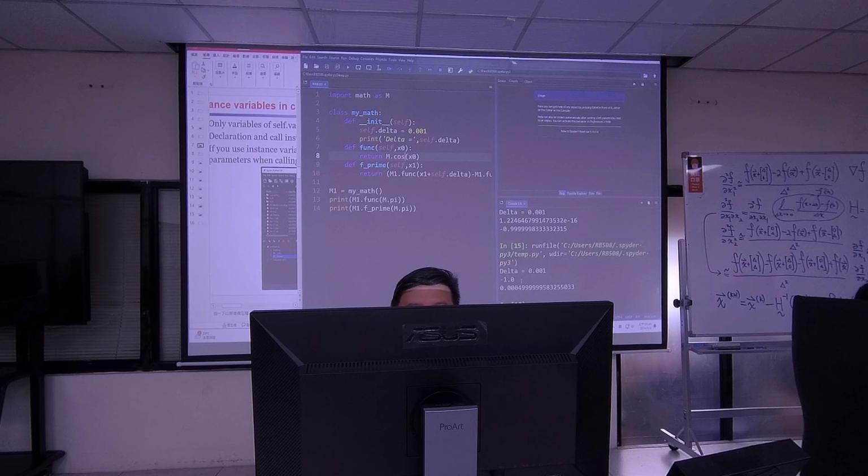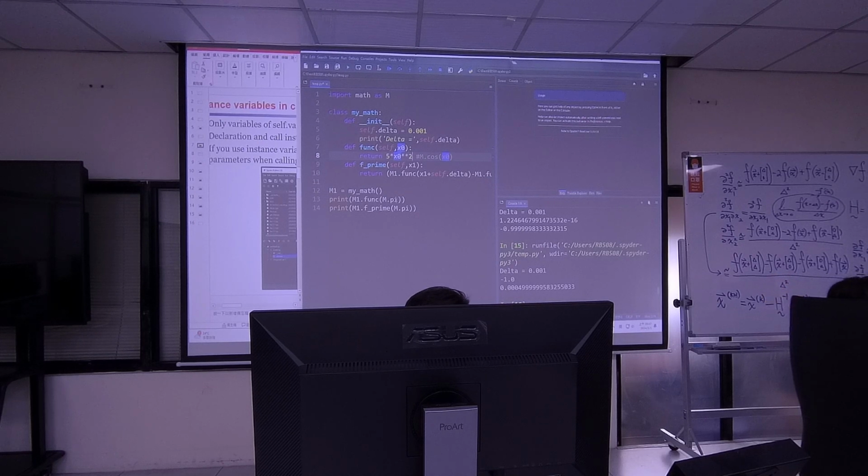So cosine, take a derivative, is going to be negative sine. So negative sine pi is basically 0. So you get a value very close to 0. Okay? If I do another function, for example, I comment this, I say x0 square plus, or 5 times x0 squared.